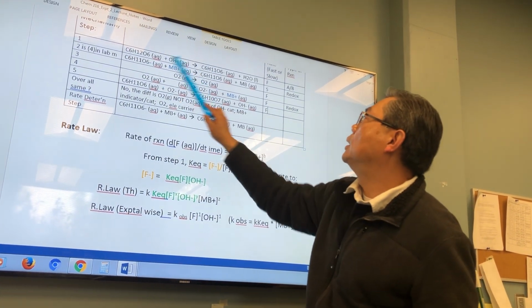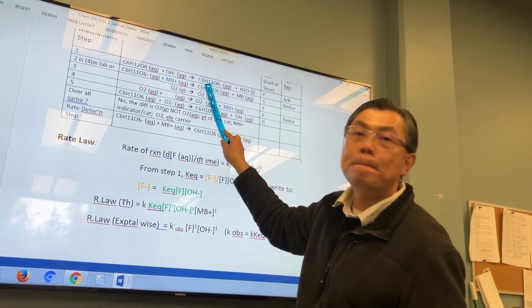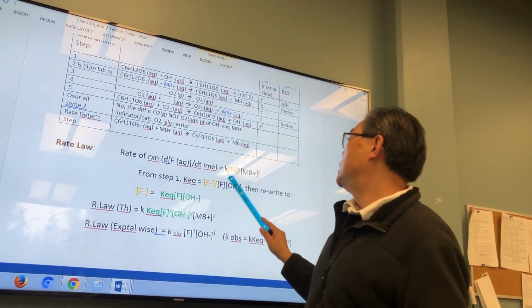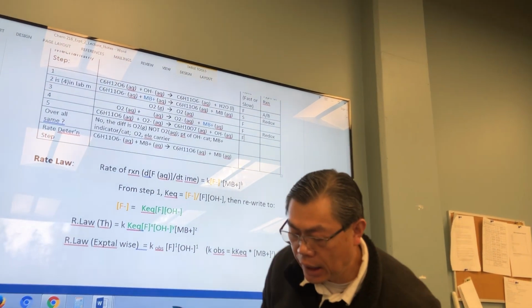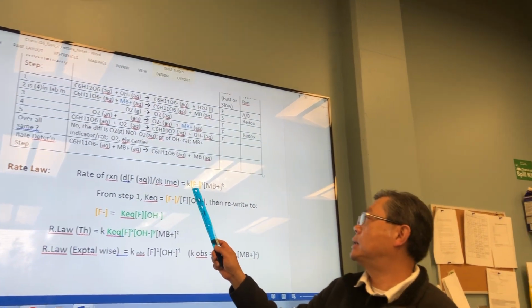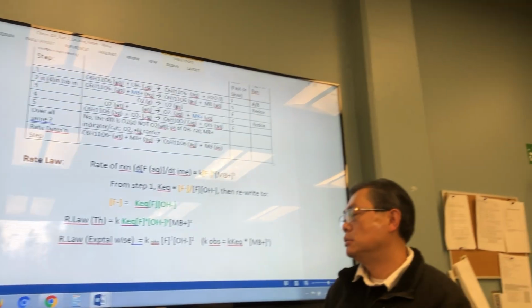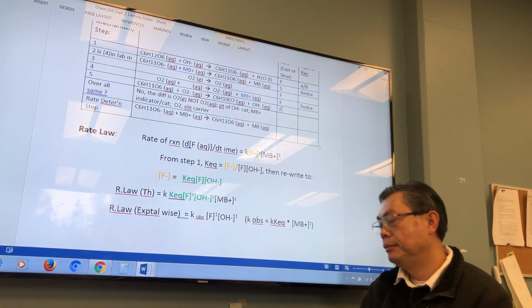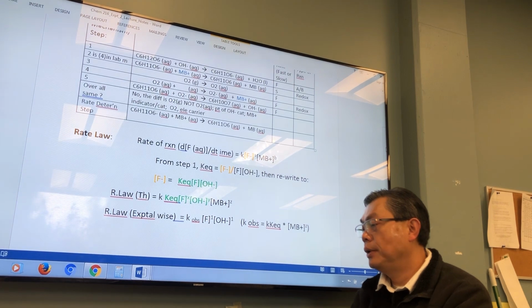What did we call this? Intermediate. So we have an intermediate expressed in the rate law. We don't like that. We don't want that. So what do we do?